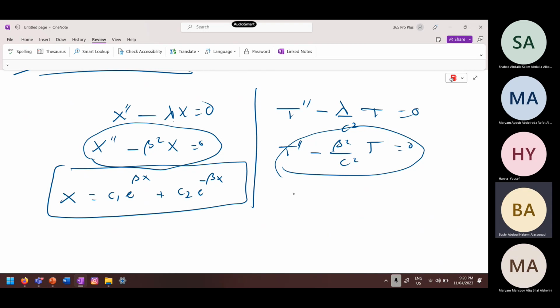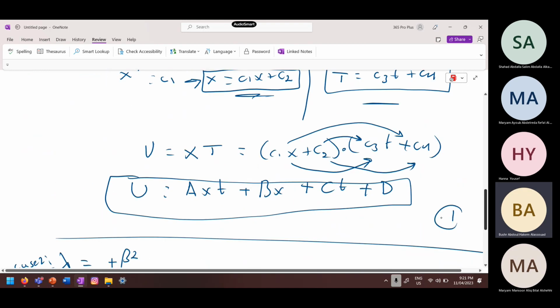As for t here, it will give you a similar solution. T is equal to C3 e to the power beta over c t plus C4 e to the power negative beta c t.